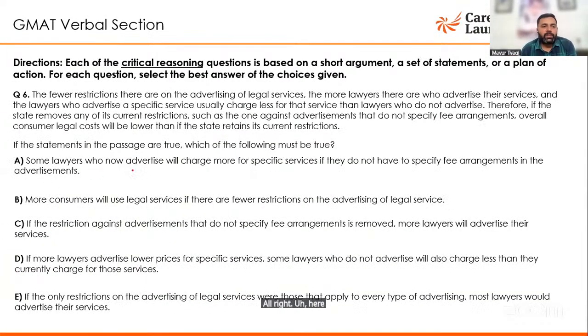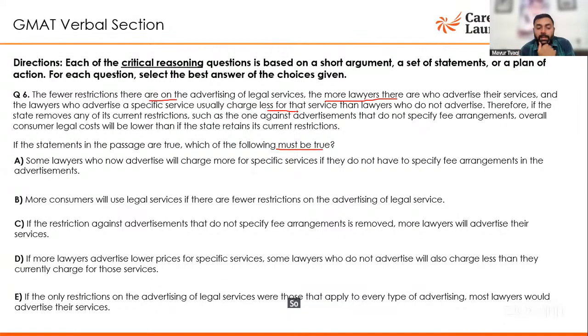Here, this one, each of the following in the passage are true, which must be true. So this is what we call an inference question. That if the above information is true, then which of the following is true? So if we read here, it says the fewer restrictions there are, the more lawyers there are who advertise their services. Fewer restrictions, more people advertise, and lawyers who advertise usually charge less.